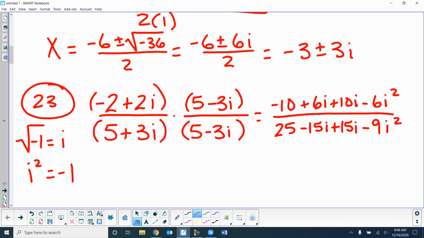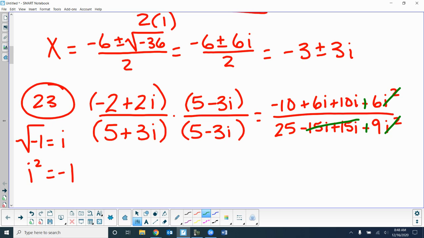What do we do with those i squareds? Cross them out, because they're what again? -1s. So this is -6 times -1, which is +6. And this is -9 times -1, which is +9. What happens to the 15 i's? So all the i's are gone in the bottom. That's why we did this. Right?